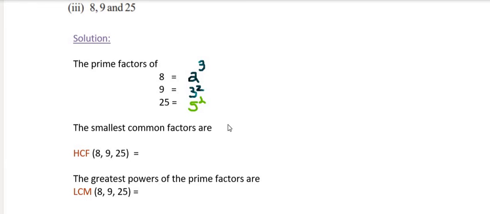So we can have only 1 as the smallest common factor, and we can say the HCF is 1. And for the greatest powers, you can write it as 2 power 3, 3 square, and 5 power 2.